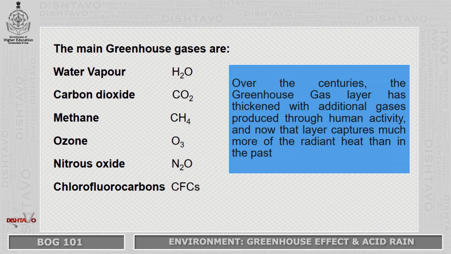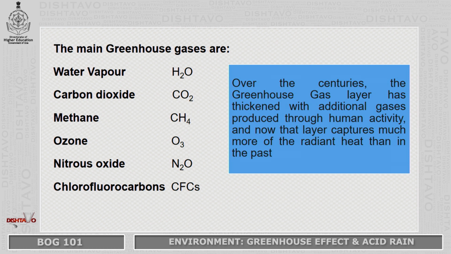We have nitrous oxide and chlorofluorocarbons. My dear friends, once again let me repeat, these are important gases in our atmosphere which are required for life to sustain, because we need heat. These are the trappers of heat. They trap the heat that comes down from the sun and is reflected back from the earth.